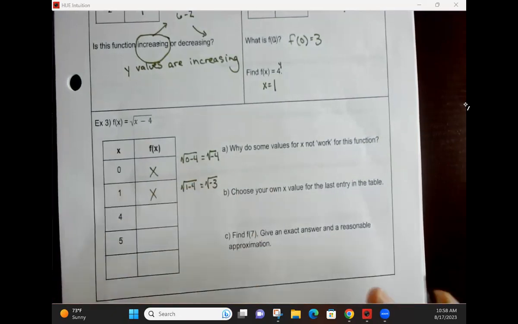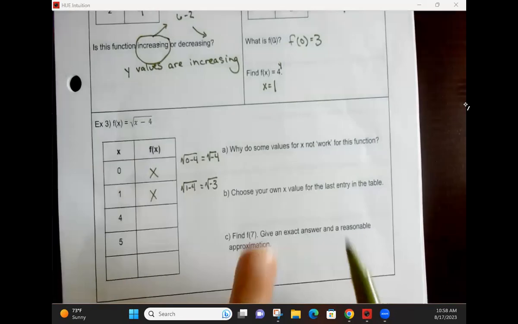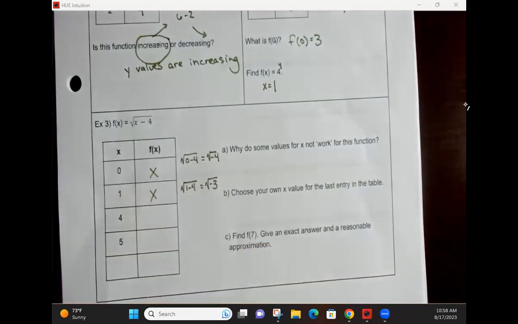Okay. So let's pause really quickly and talk about why some of our x values are not working for this function. For a square root function, I need to make sure I'm taking the square root of a positive number. Otherwise, I get stuff that's not real, right? We don't know how to handle these things. I can't graph things that aren't real, values that aren't real.